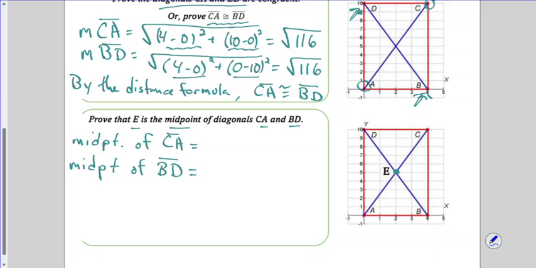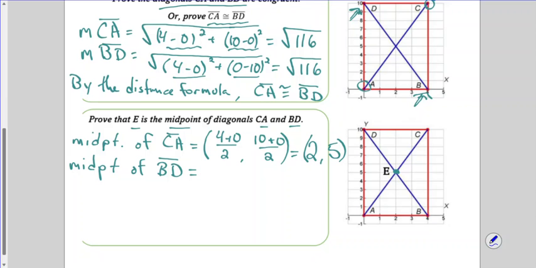So finding the midpoint is basically just finding the average of both sets of coordinates. 4 plus 0 divided by 2, and 10 plus 0 divided by 2 tell us that the coordinates for the midpoint of CA, or E, is 2, 5.